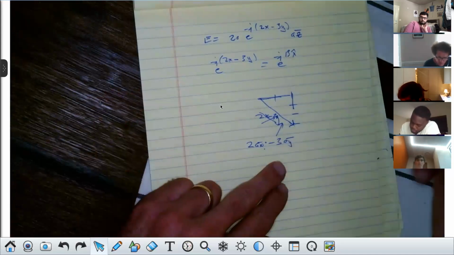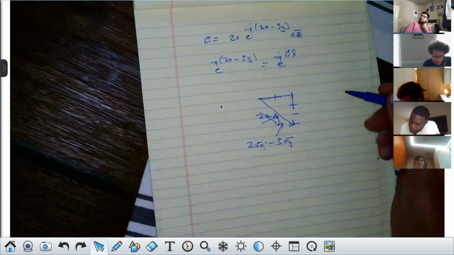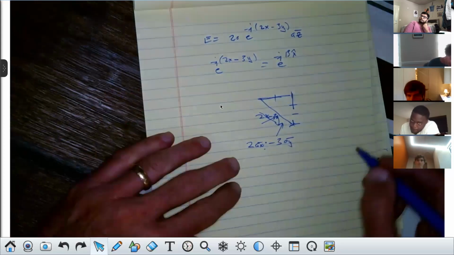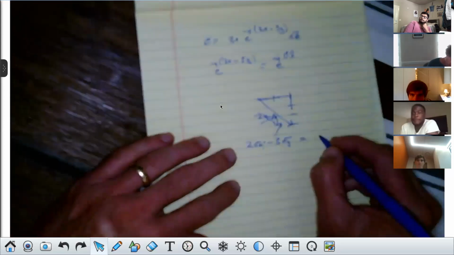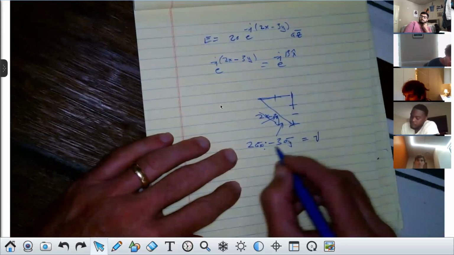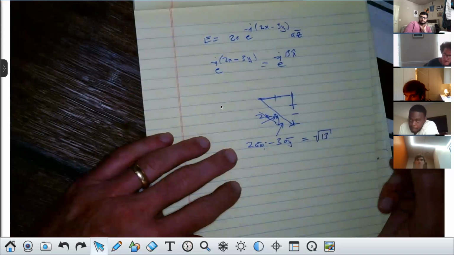The way I told you to get a unit vector in the direction of propagation last time involved sines and cosines. Well, this itself has a magnitude, and it would be the square root of 2 squared is 4, 3 squared is 9, or square root of 13 would be a magnitude, correct?